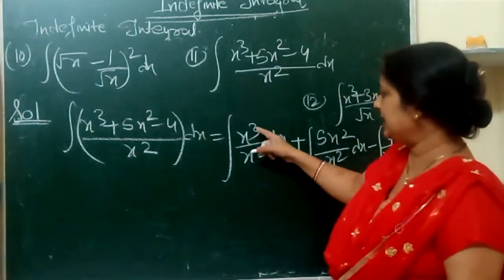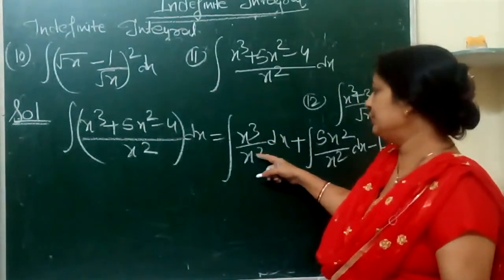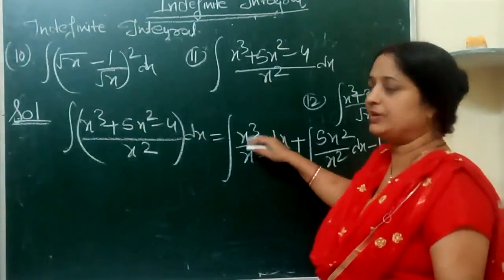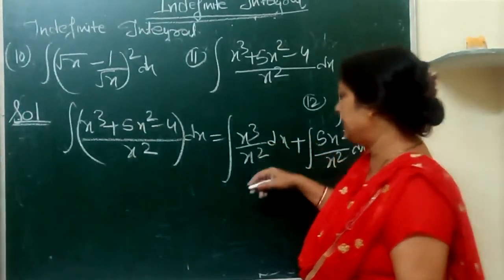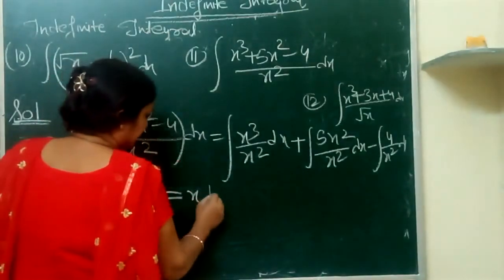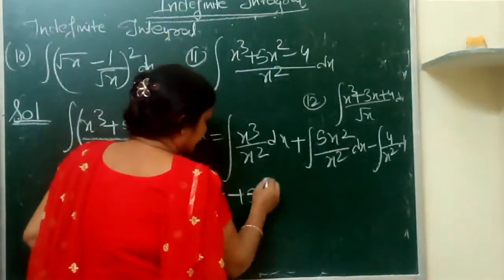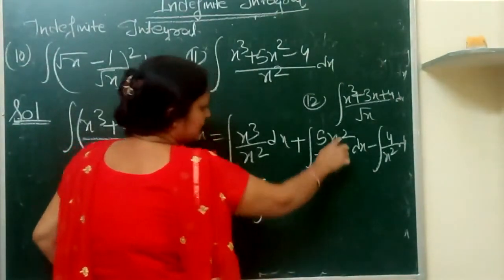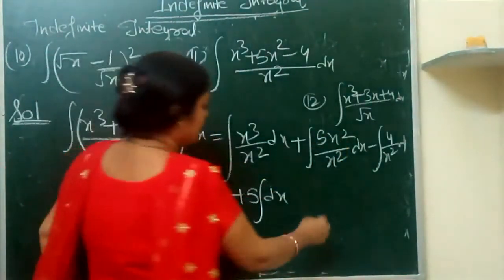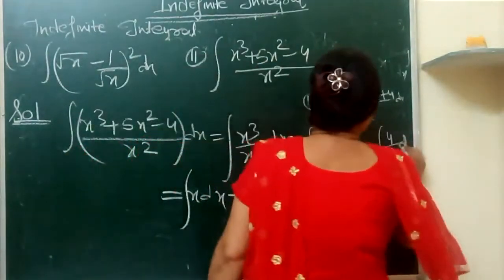After that, here x cube upon x square, so 3 minus 2. You know that when a term is in the denominator, the powers subtract. So it will come x dx. After that, 5 outside, integration of dx because x square cancels with x square, minus 4 into this dx.